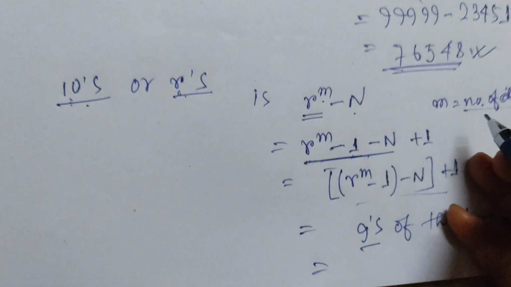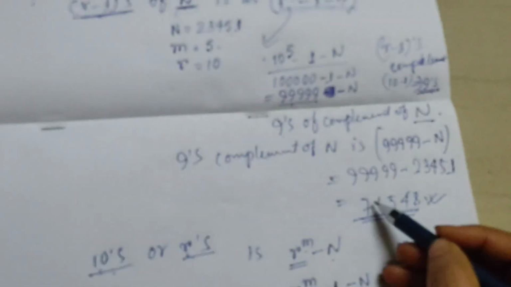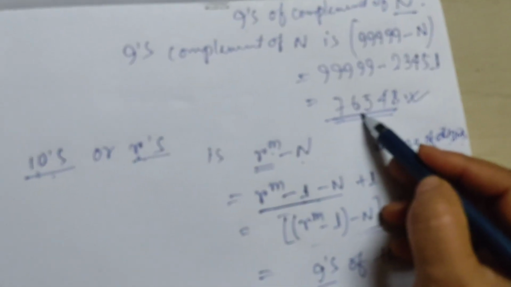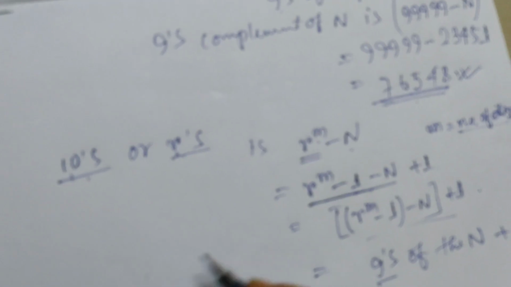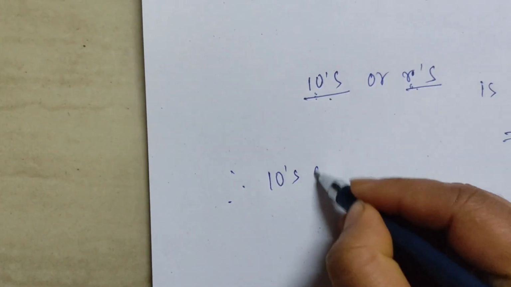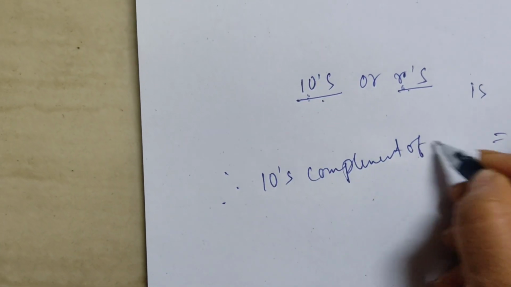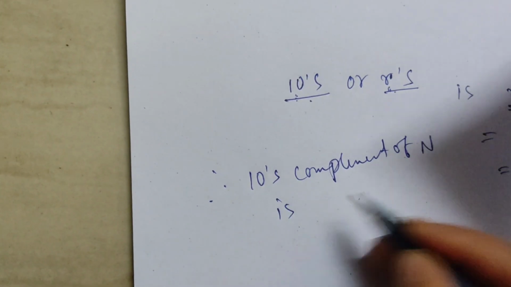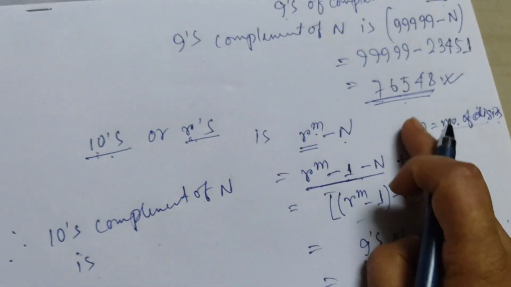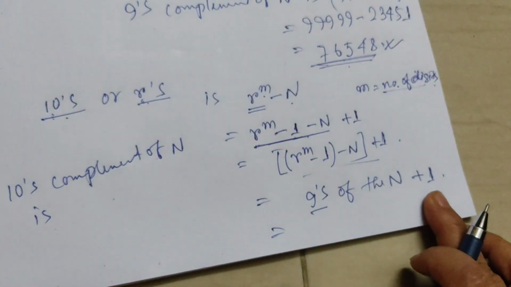The 9's complement of a number we have already found out, the 9's complement of this same number. So what will be the 10's complement of this number? The 10's complement of n is simply this plus 1.